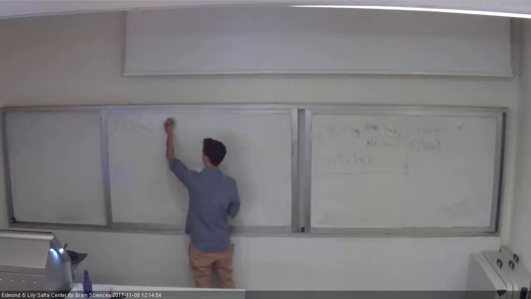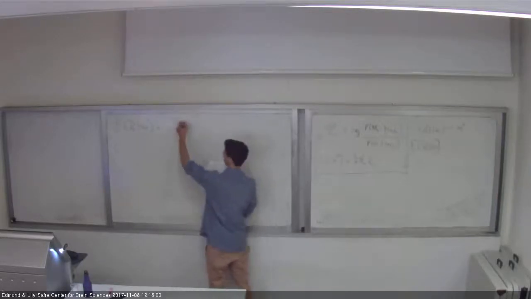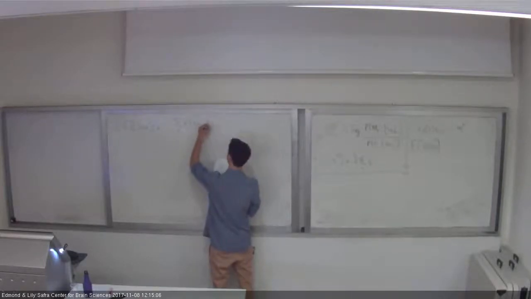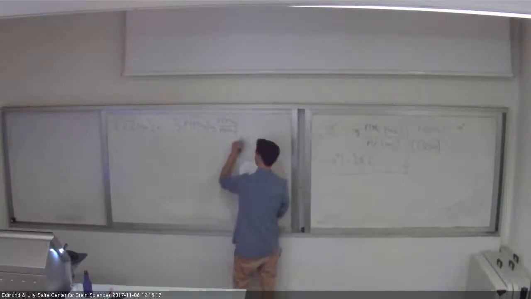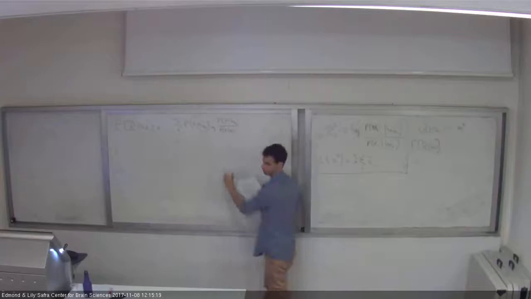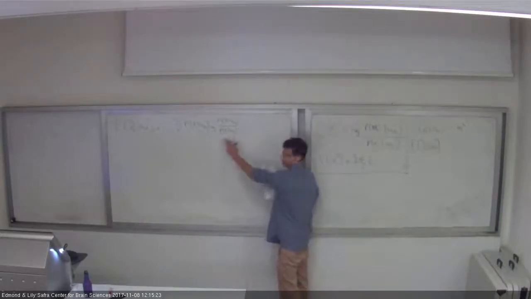So this is equal to the sum over all of our observations of P of x given omega 0 times log of P of x given omega 0 divided by P of x given omega 1. Is it clear? And what is this term?